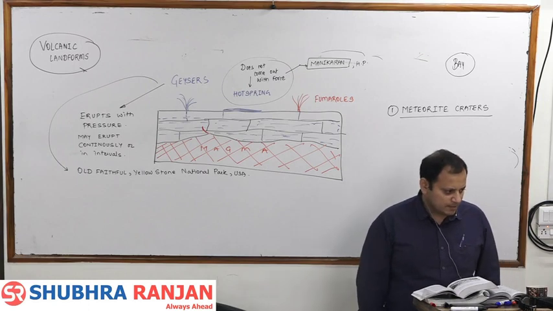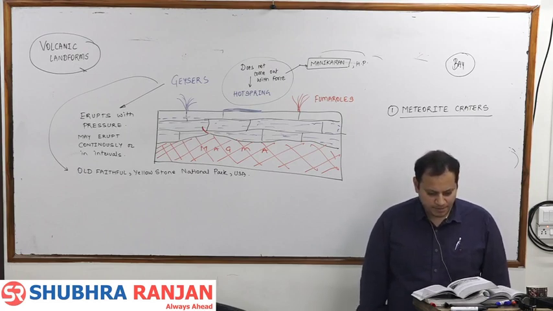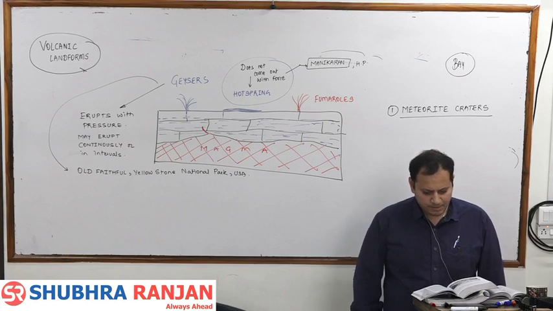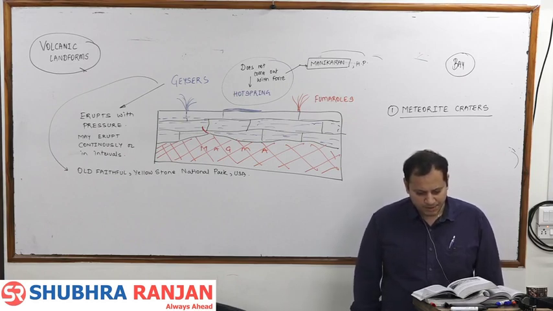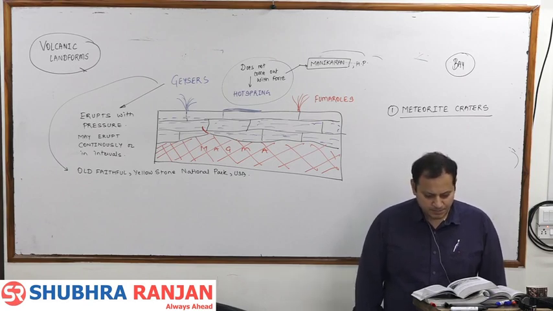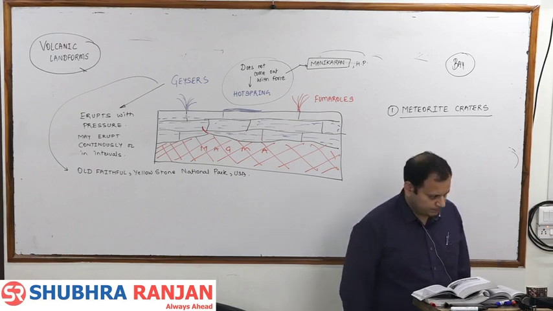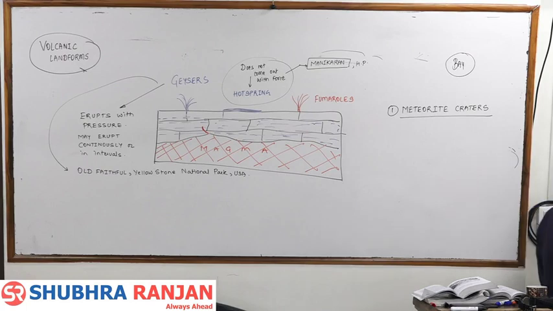Don't write Lonar Lake itne jaldi. These are the craters that are formed due to impact and the explosion of an object of extraterrestrial origin.